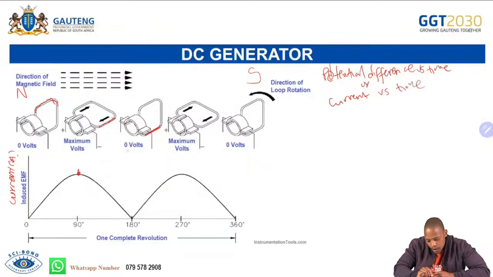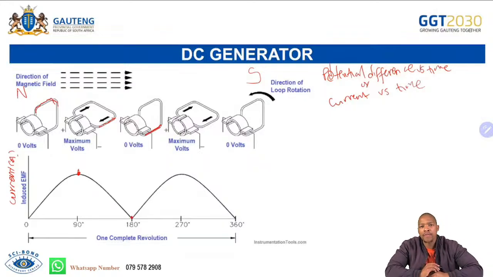Then it goes underneath as it rotates, at an angle of 180. There it does not cut the magnetic field, which means we are inducing zero EMF and zero current again at that point in time.